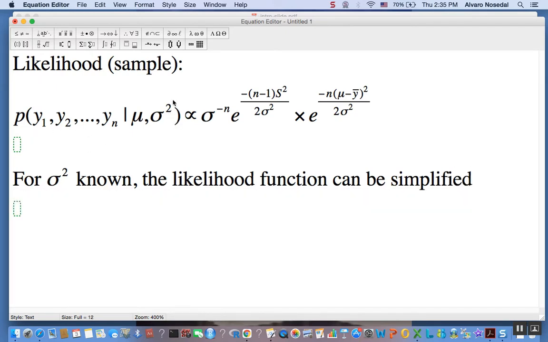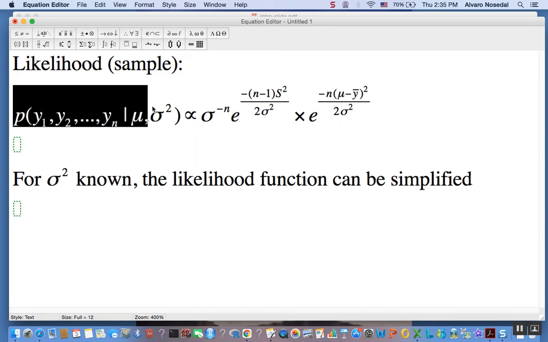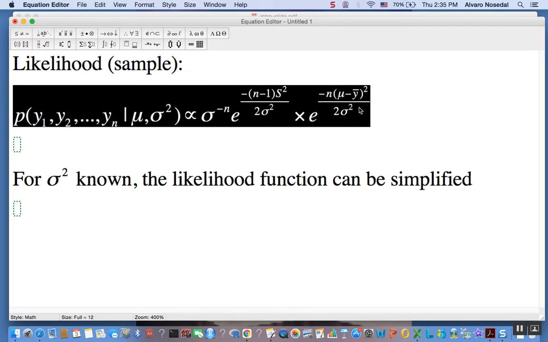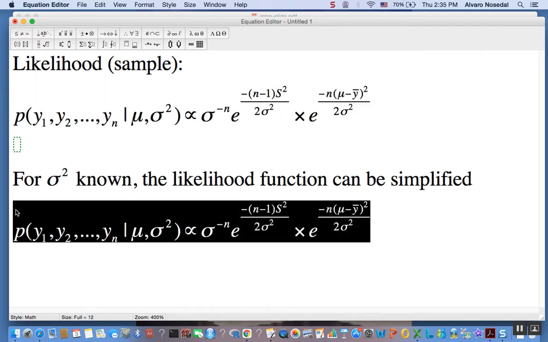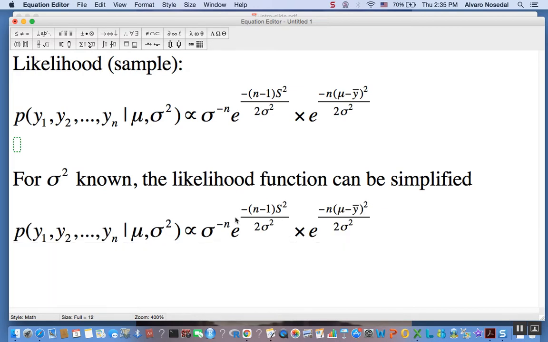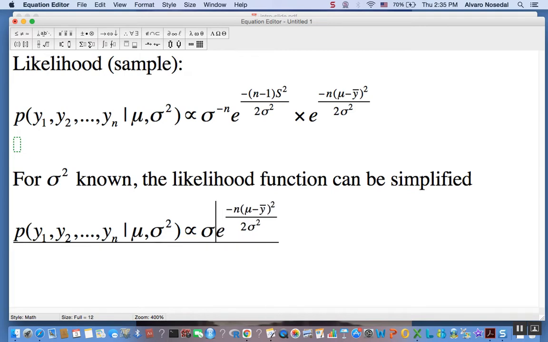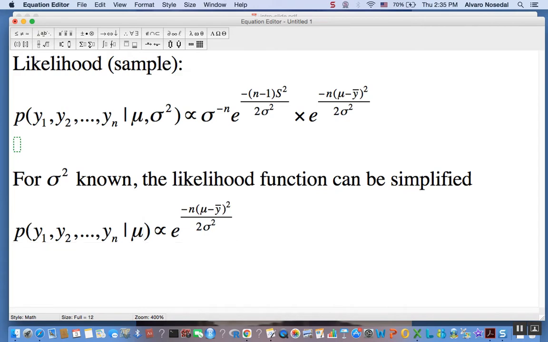Since we're assuming that sigma squared is known, we could forget about the first term, because that one doesn't involve mu, and we could absorb that term with the proportionality symbol.